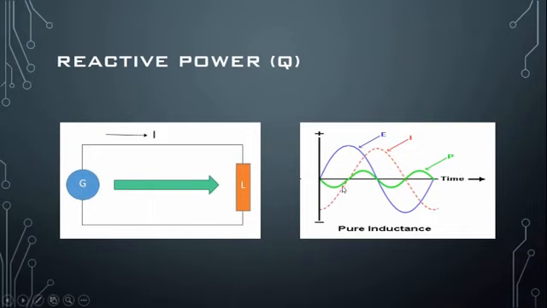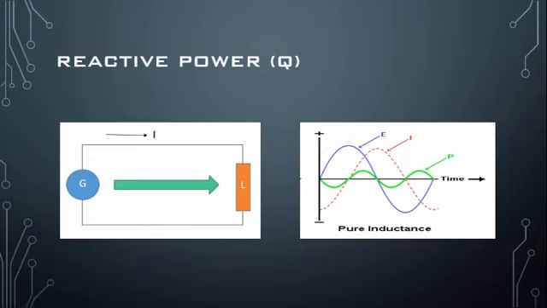So in this case, the power is flowing back and forth. The power is going and coming back again, going and coming back again. Power that surges back and forth in this manner is called reactive power. Reactive power, and the symbol is Q.